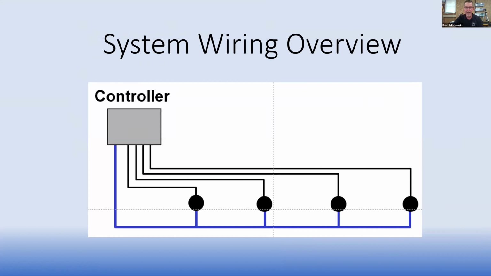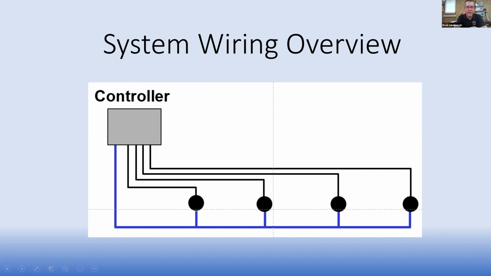Okay, so system wiring overview. This is what our little test card looks like as a wiring diagram. We have our controller, where all our wires are hooked up, and then we have our 4 solenoids, or 4 valves here. That's essentially what we've got on our cards.